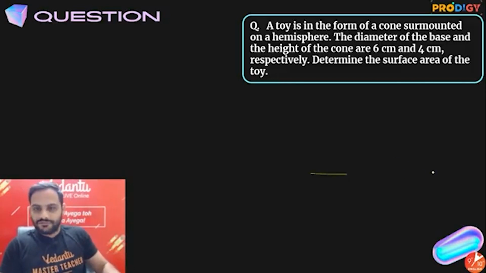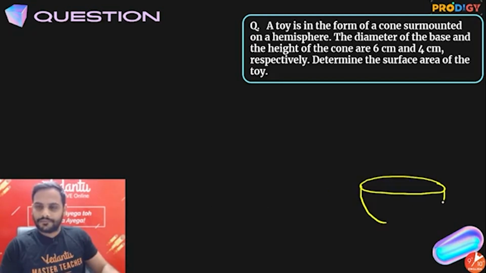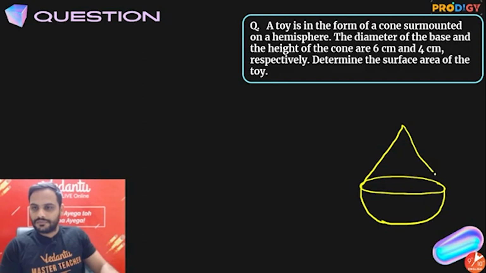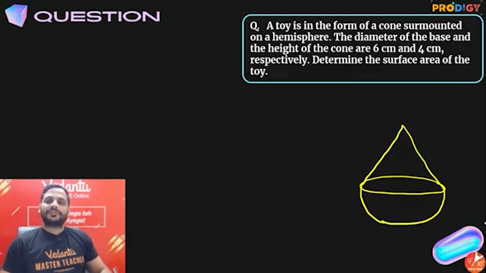So if we draw the diagram, let's say this is my hemisphere, and on this hemisphere we have this cone. My cone is a little bent.